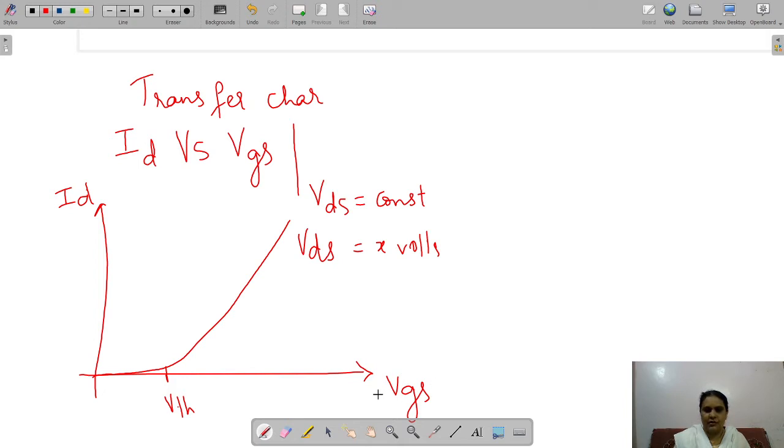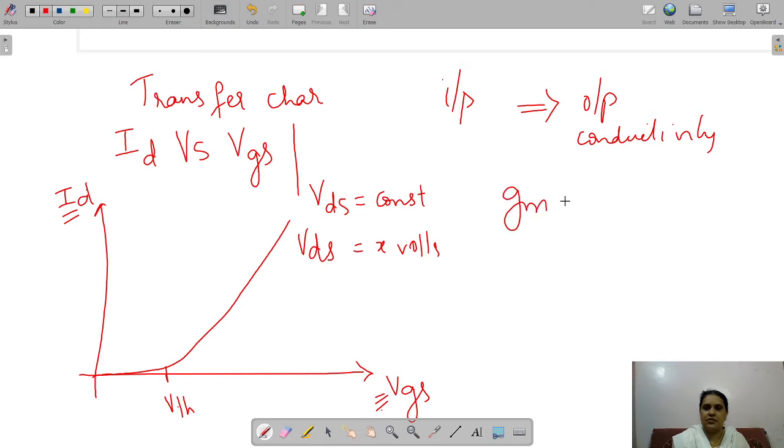If a variable amount of VGS is transferred to the output side, we get the transconductance. So what amount of input is helping the output conductivity? That parameter is called transconductance, which we obtain from the transfer characteristics.